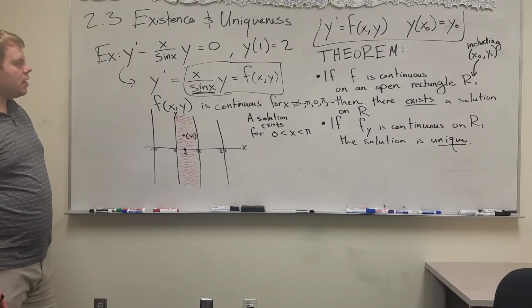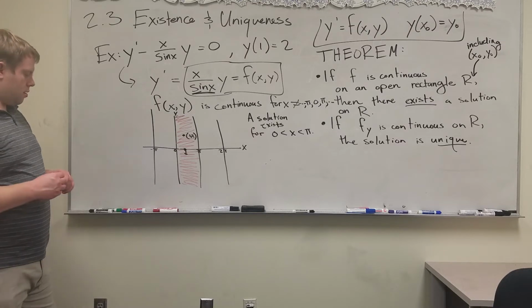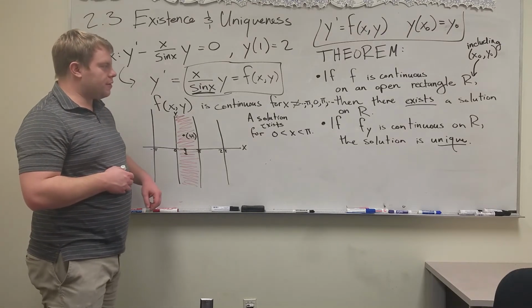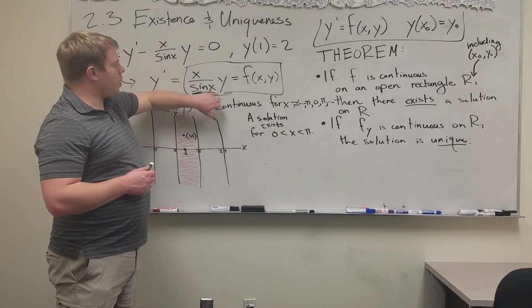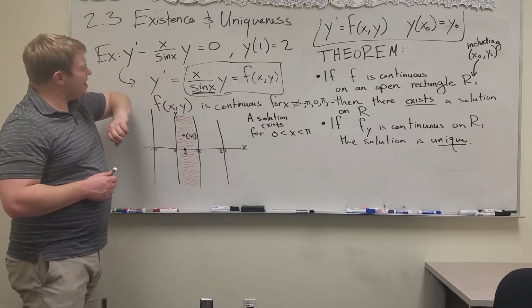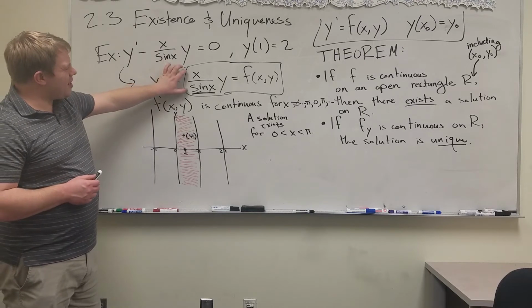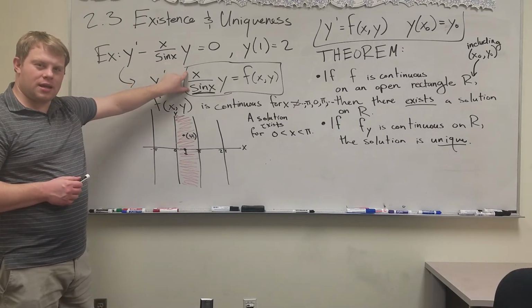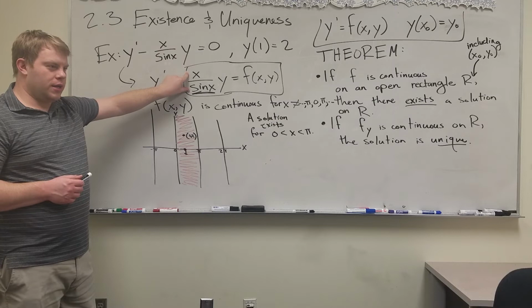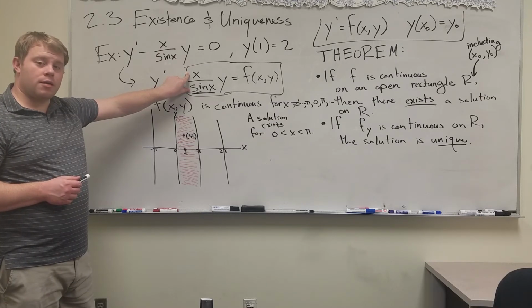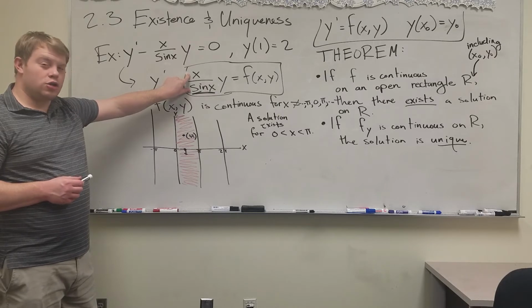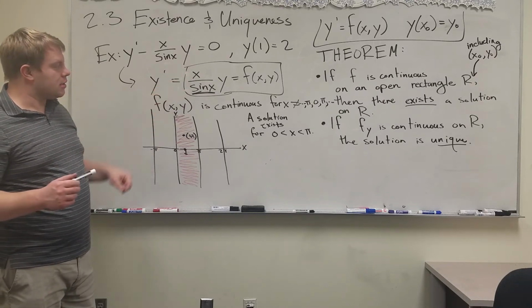Let's look at uniqueness. Well, to look at the uniqueness of this solution, I need to take a partial derivative with respect to y. And remember, taking a partial derivative means you're taking the derivative with respect to one of the variables of a multivariable function, treating all other variables as constants.